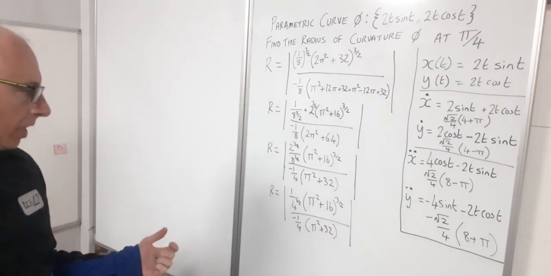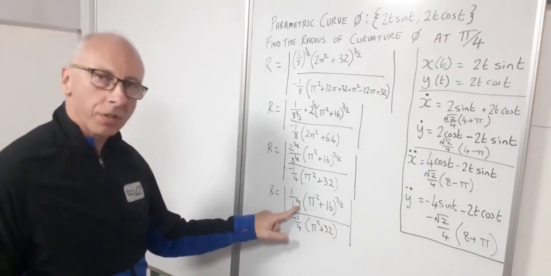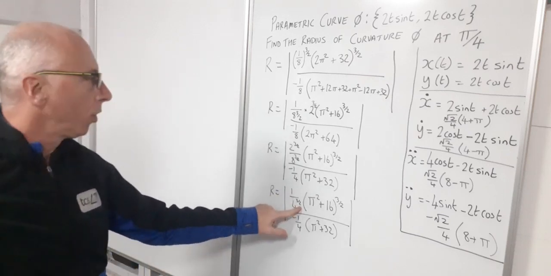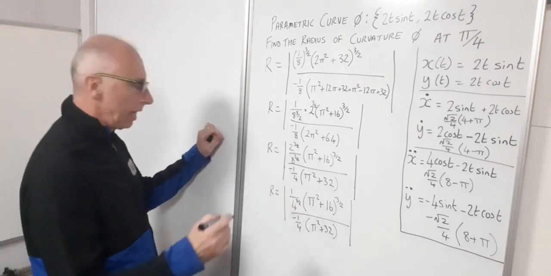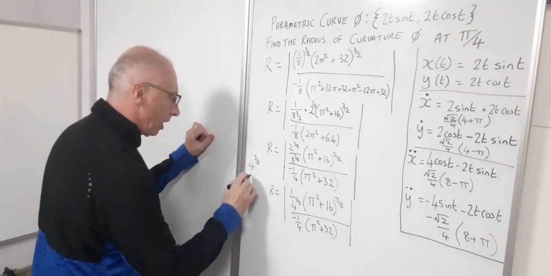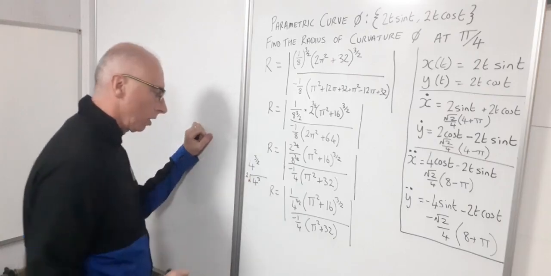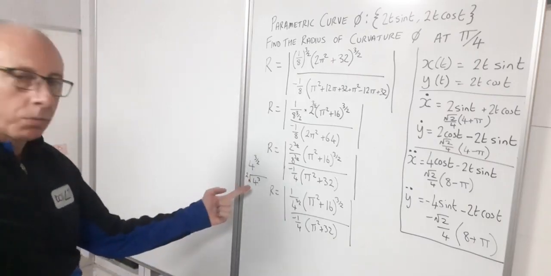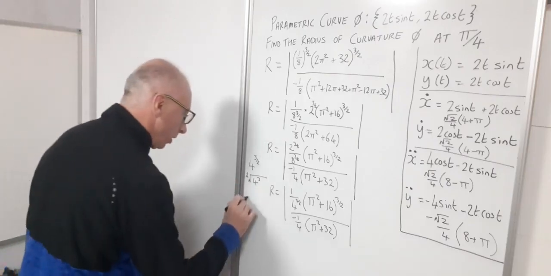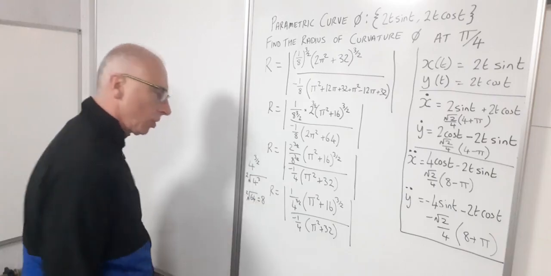Okay, right, we're nearly there. So 1 over 4 to the 3 over 2. Let's work out what 4 to the 3 over 2 is. 4 to the 3 over 2 is the same as the square root of 4 cubed. 4 cubed we know is 64, so what I'm looking for is the square root of 64, which is just 8.